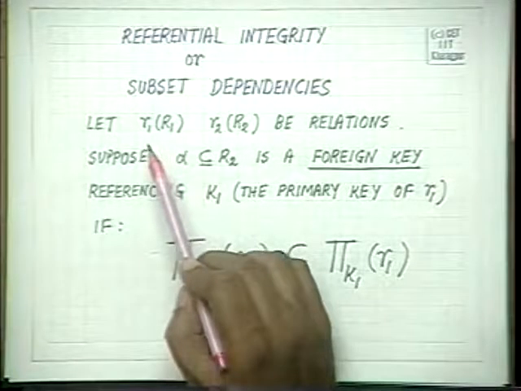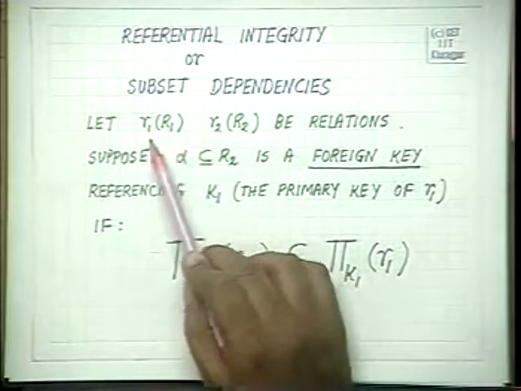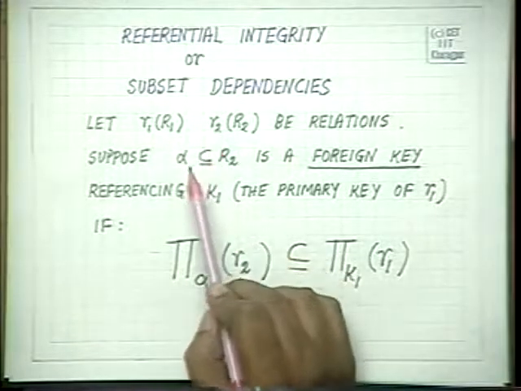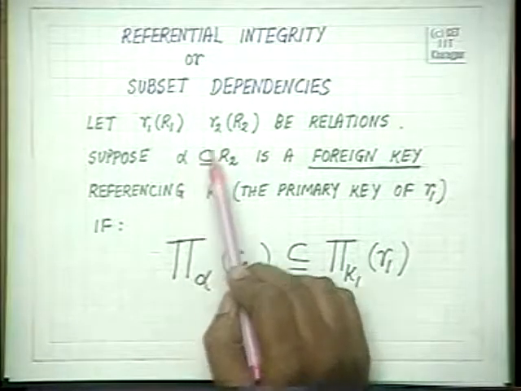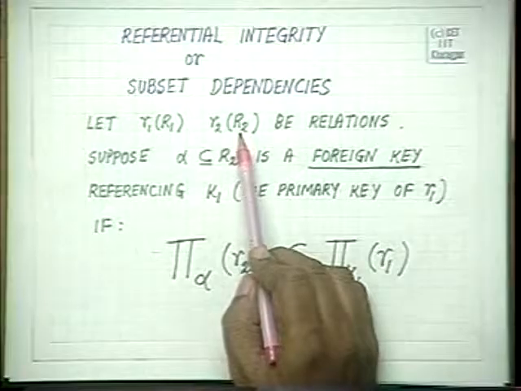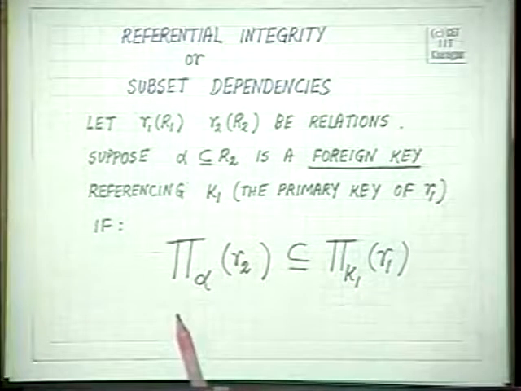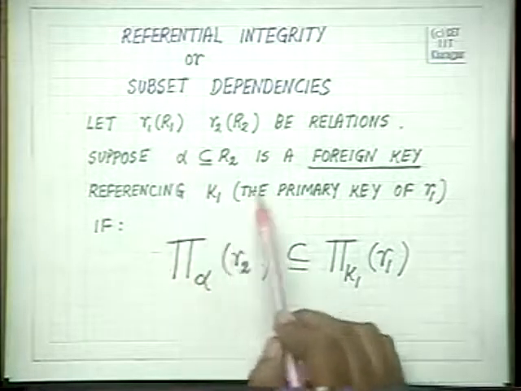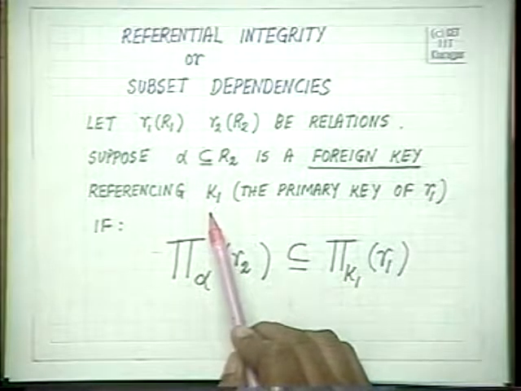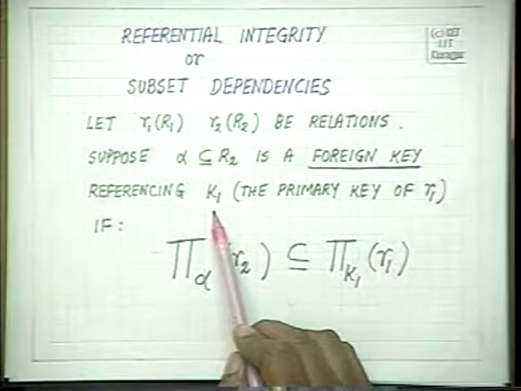Since it is a foreign key referencing R1, it must reference the primary key. It is sufficient to reference the primary key instead of all the attributes.